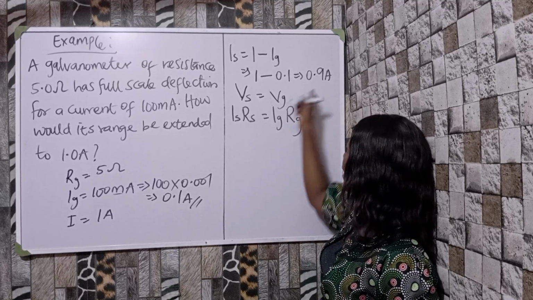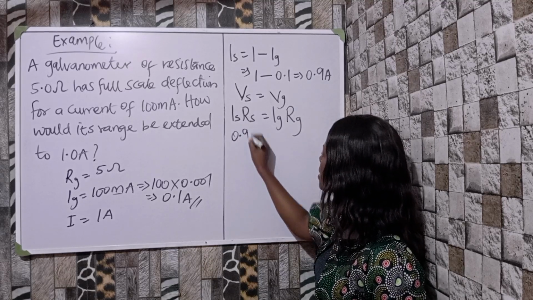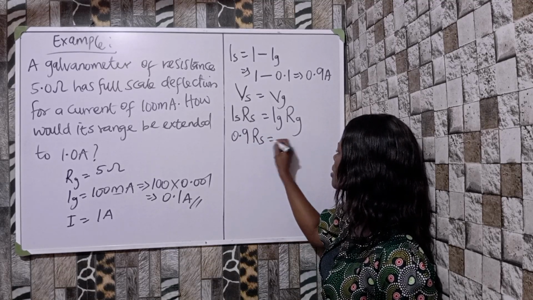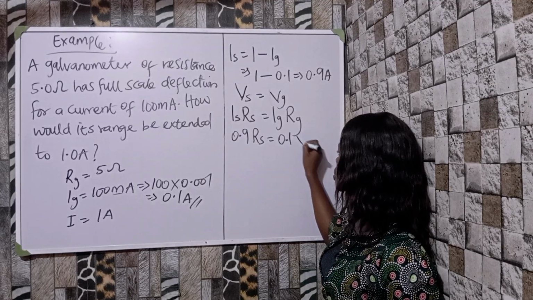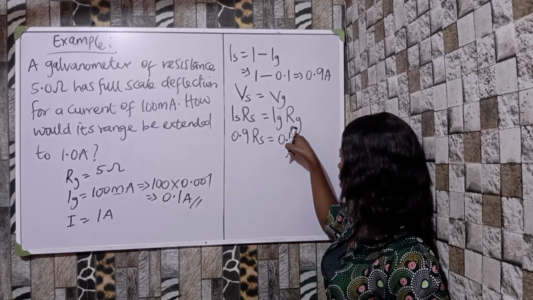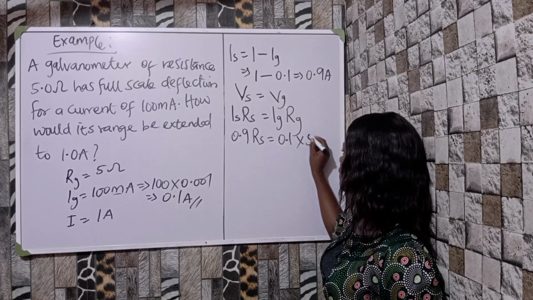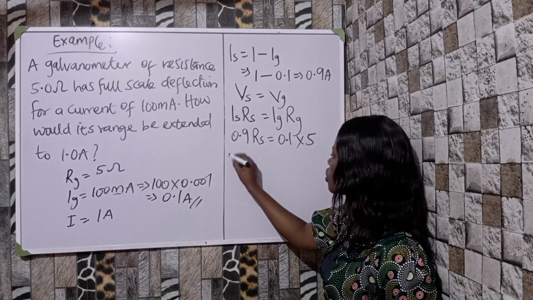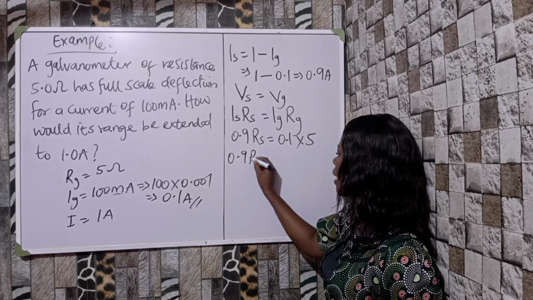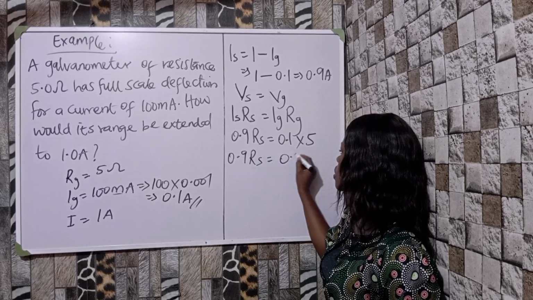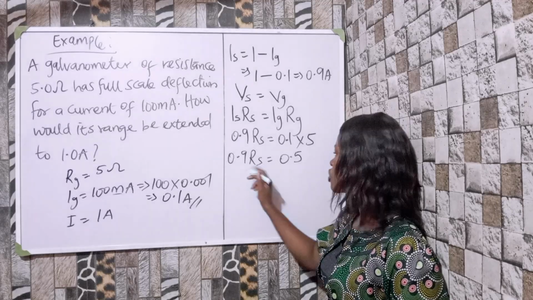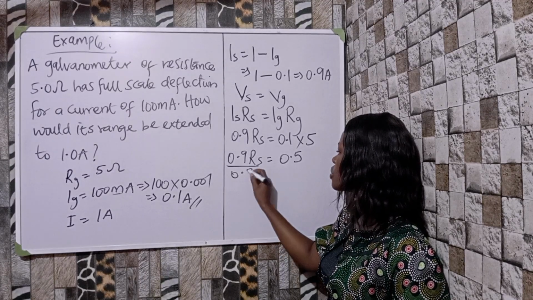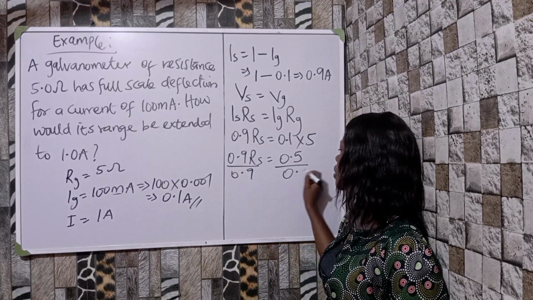So my Ix is 0.9 Rx is equals to Ig is 0.1 times, okay, Rg is what? 5. All right, so I'm going to have 0.9 Rx is equals to 0.5. Because I'm looking for the resistance of the shunt, I'll divide both sides by 0.9.